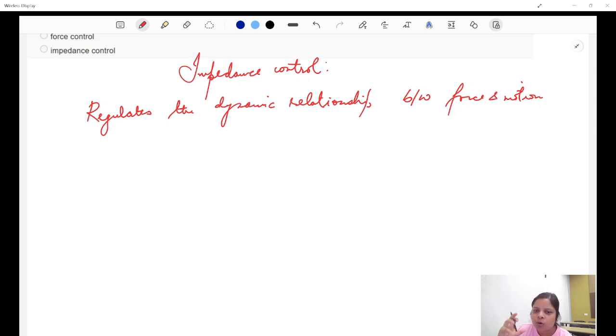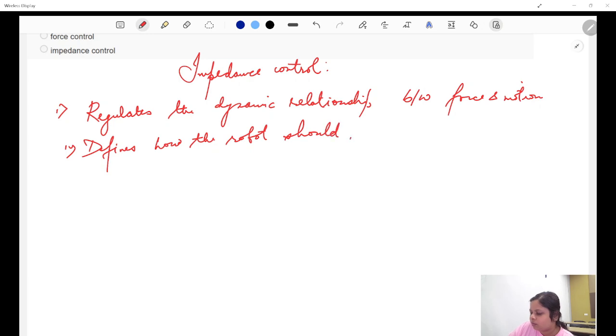It defines how the robot should respond to external forces.